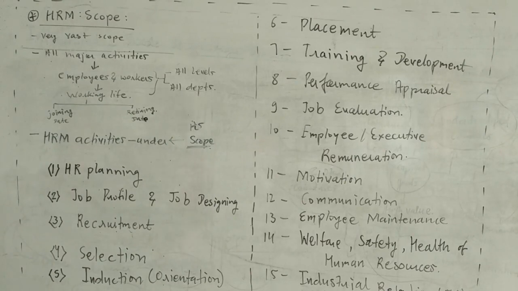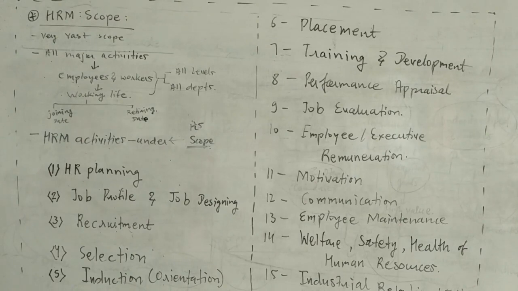The next activity which we include in its scope is job profile and job designing. Job profile means we have to figure out all the contents and points on which we do recruitment or selection of prospective employees. What is the requirement of the job? What education level, skills and knowledge are required to do a particular job?